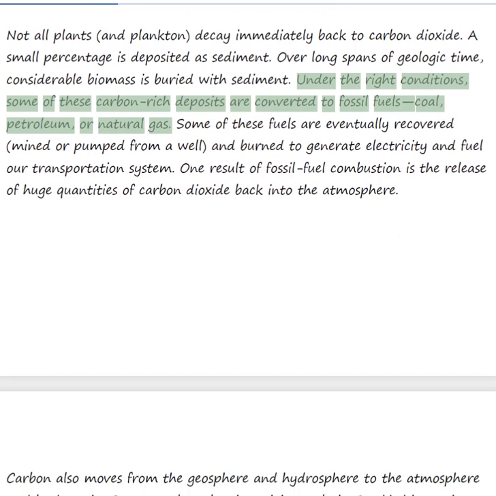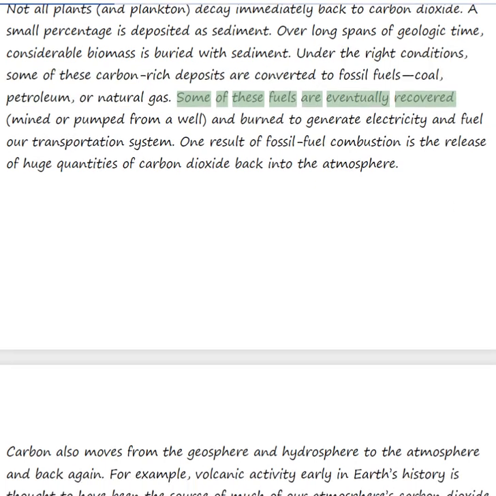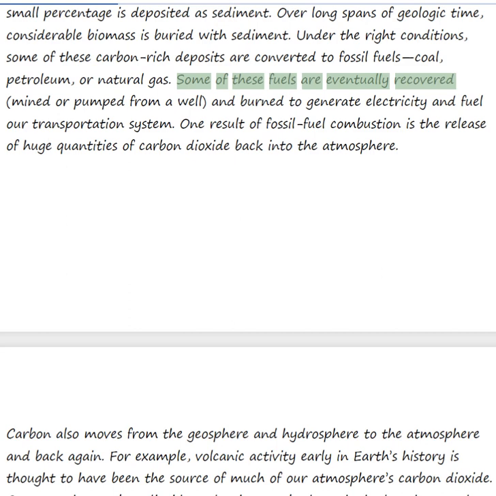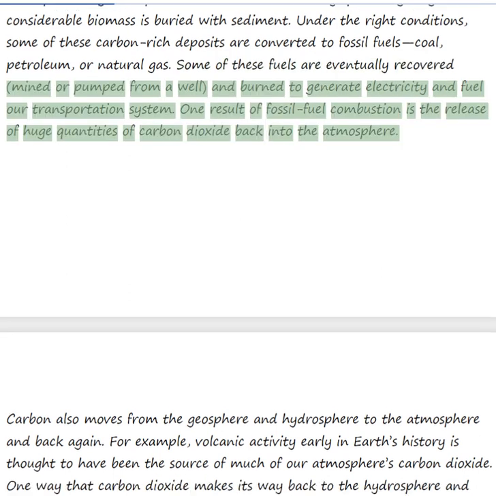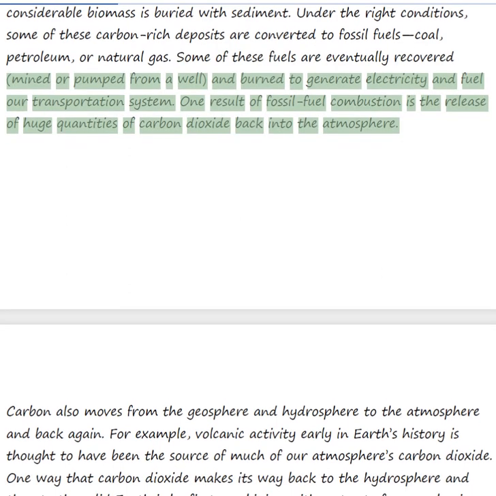Under the right conditions, some of these carbon-rich deposits are converted to fossil fuels: coal, petroleum, or natural gas. Some of these fuels are eventually recovered and burned to generate electricity and fuel our transportation system. One result of fossil fuel combustion is the release of huge quantities of carbon dioxide back into the atmosphere.